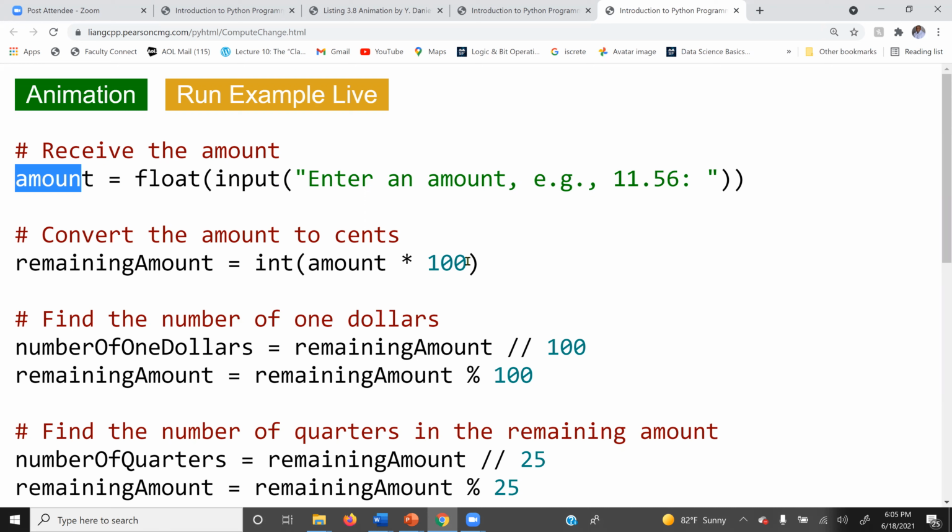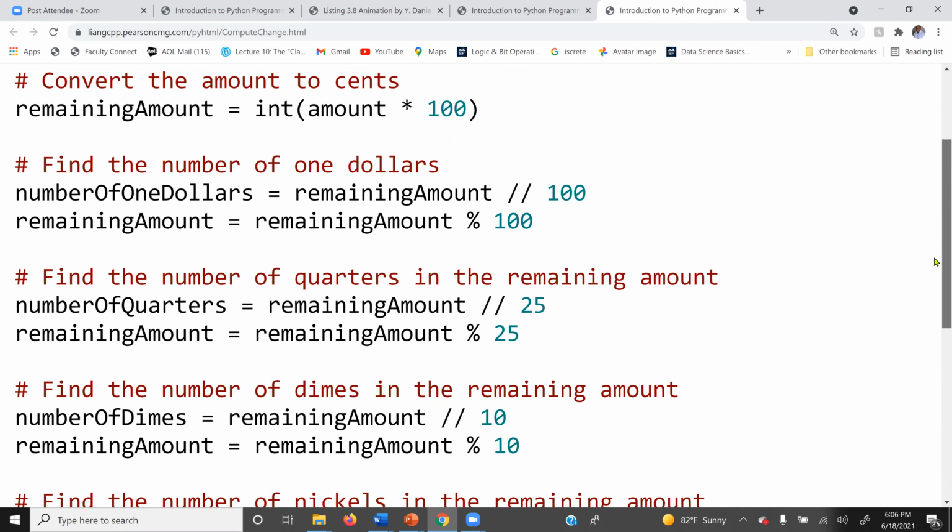Now we want to know how many dollars we can get. So we divide by 100, and that will give us $11. Now we want to get the remainder of 56. So we use the remaining amount modulus 100. So 1156 modulus 100 will give me 56.